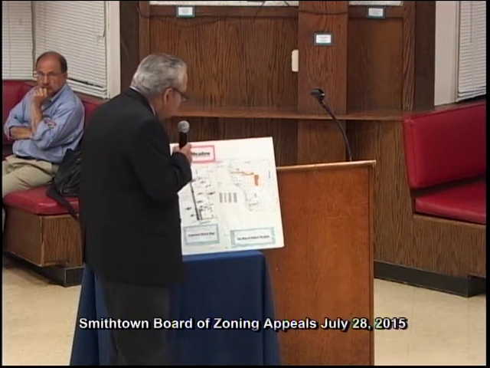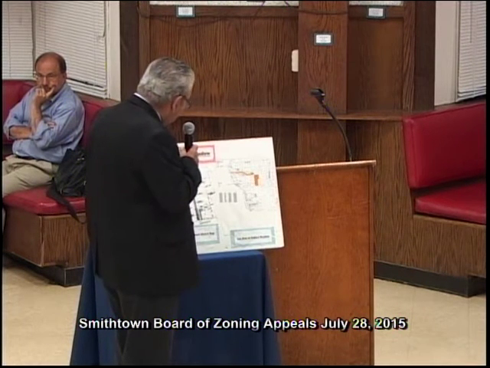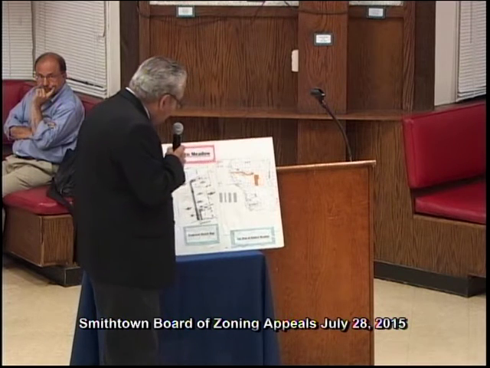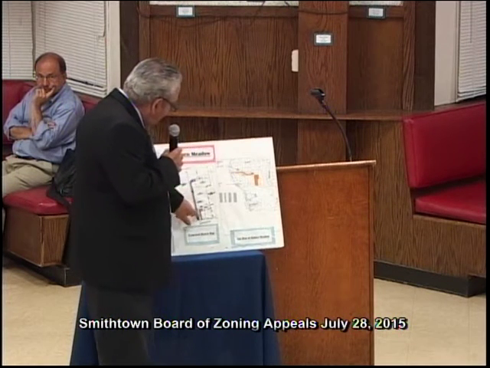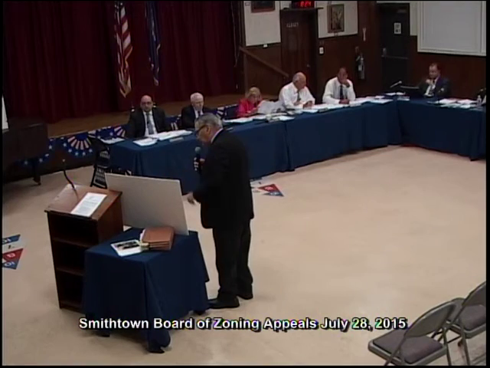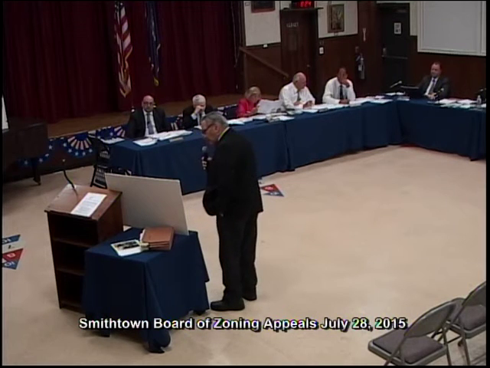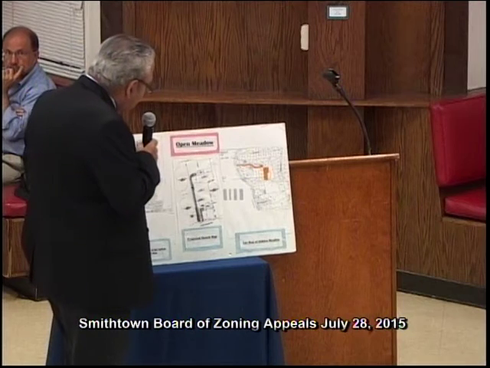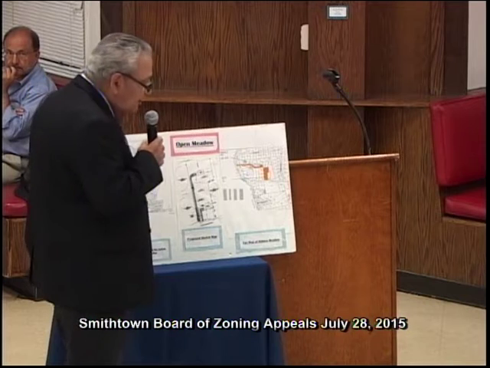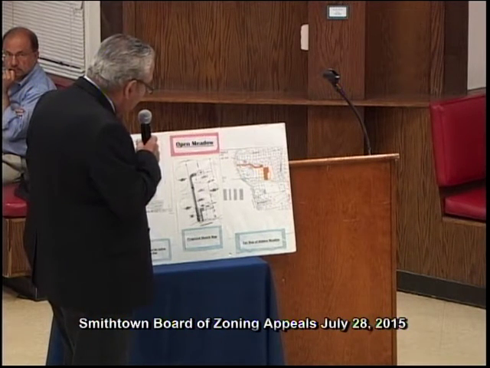We did that. They said no. So the only alternative we have is to create a lot behind the lot, commonly known as a flag lot. But in this situation, as you can see from the planning board recommendation, they look favorably on it, and we hope that you also would look favorably on it.